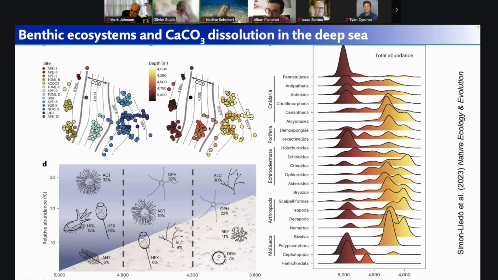And it was reported a couple of years ago that these depths in which we switch from calcite rich to calcite poor sediments also correspond to a depth where we switch from a certain ecosystem composition to another. That means that when we think about the link between organic matter and microbes or animals that are living, they actually care about what the sediment, what the substrate they live on, is made of.